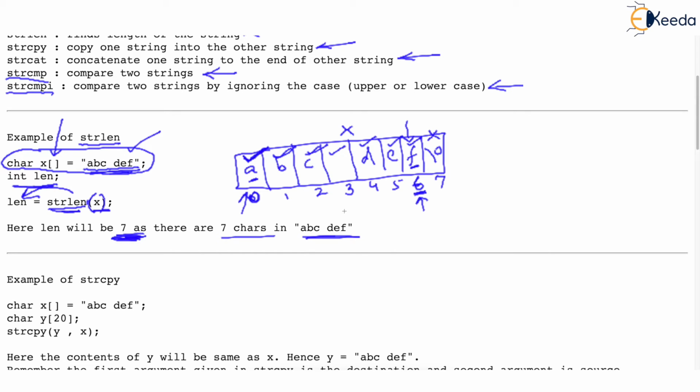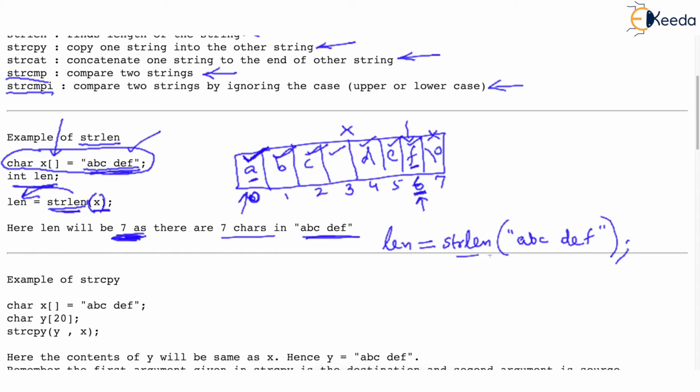Now, just remember that strlen needs a string. So in some case, if you already know the string and you don't want to pass an array, you could have simply written, in some other example, len is equal to strlen of "ABC DEF".